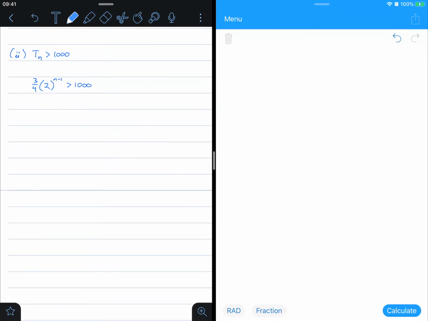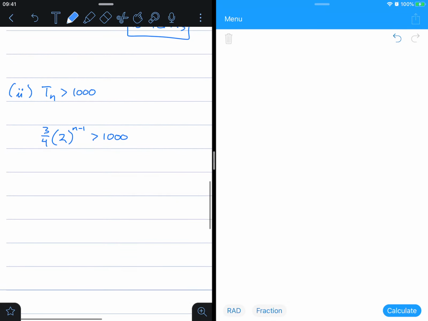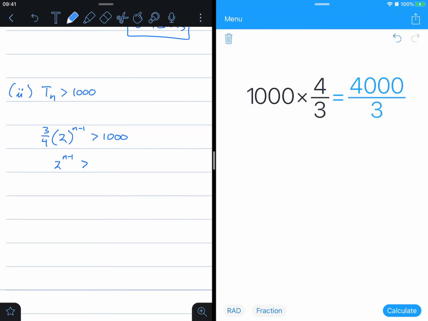Once again, going through the exact same idea here. Times 4 divided by 3, we get 2 to the power of n minus 1 is greater than 1000 times 4 divided by 3. That's 4000 divided by 3.